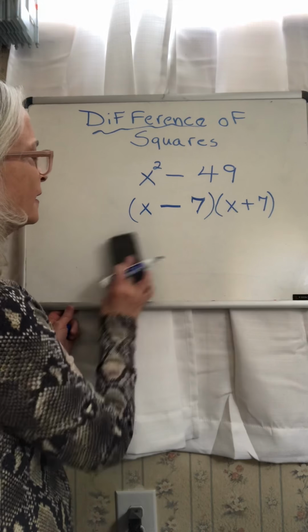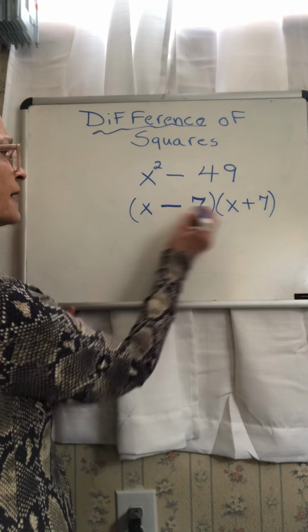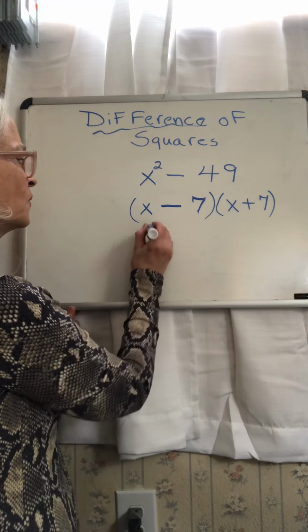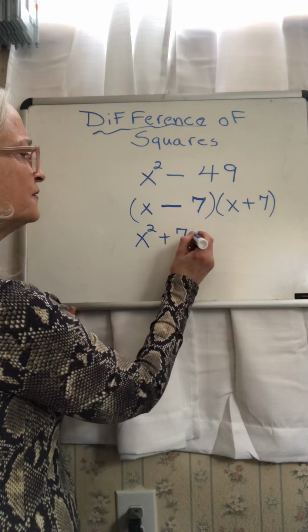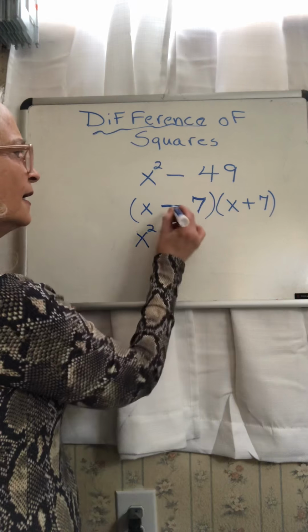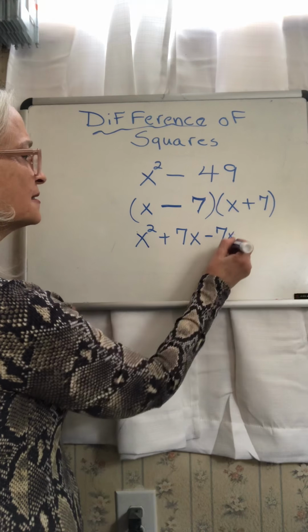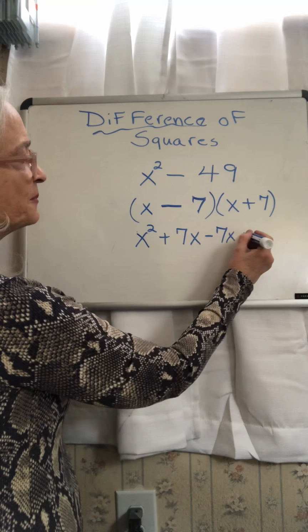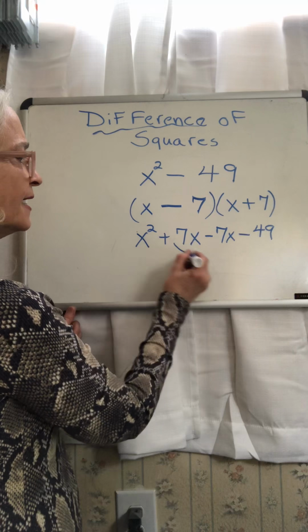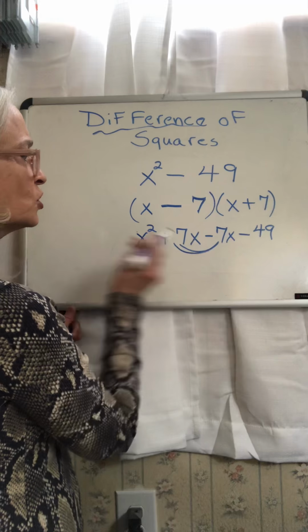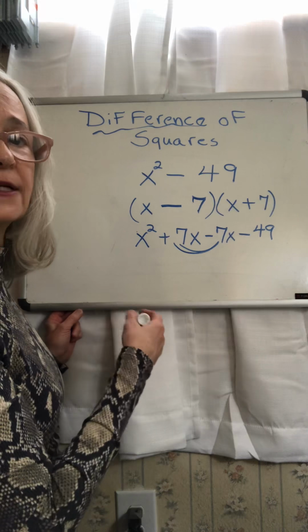Okay, so let's be sure that this really works. So let's multiply x times x, which gives you x squared, x times a positive 7, which is a positive 7x, a negative 7 times x is a negative 7x, and a negative 7 times a positive 7 is a negative 49. Notice that when we add these two terms together, they cancel each other out because one is positive and one is negative.